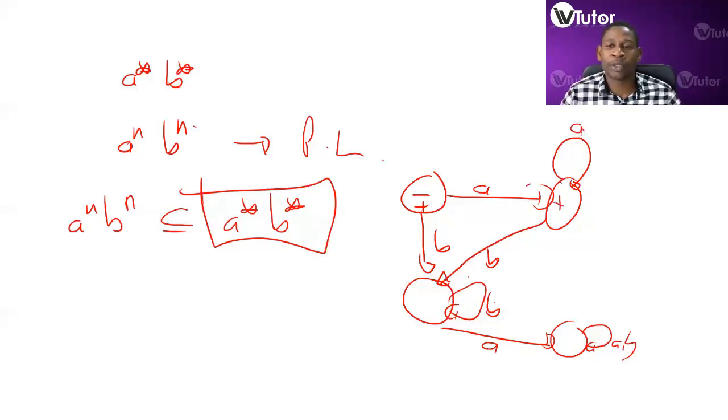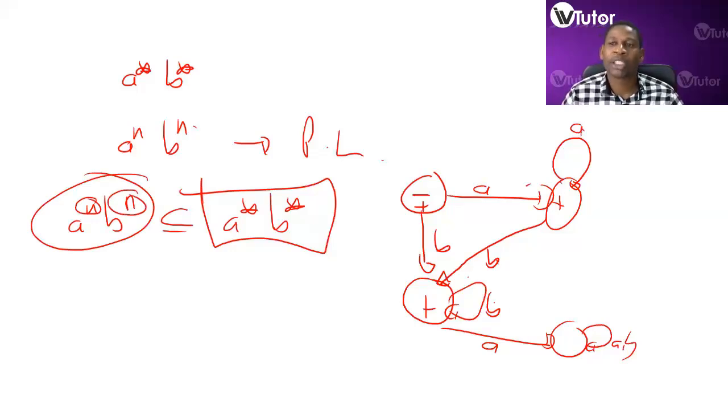So this could be a final state, this could be a final state. Right, so we can draw this, but we cannot draw a finite automata for that, because we have no tool in a finite automata that allows us to keep track. So that was the major failure of regular languages.